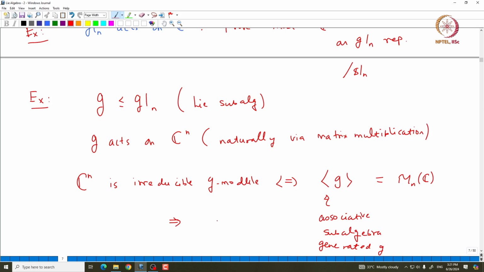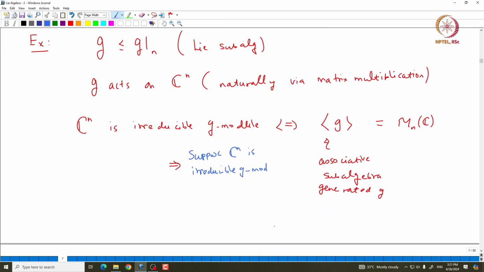Okay. So suppose Cn is an irreducible G module, then that implies that Cn is irreducible as a module over this subalgebra.